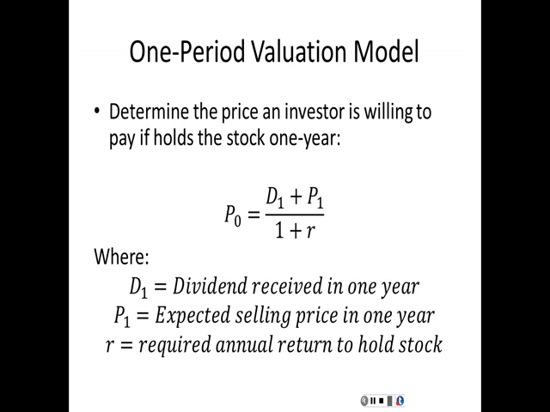So our future value then is just P1 plus D1. And if you look at that equation I have, it's really the present value of a cash flow. We're just thinking our cash flow in 1 year will be the dividend plus a future selling price. Now R here is the return I require to hold the stock. And that's based on the risk of the investment. So the riskier the stock, the greater the return I might ask for.